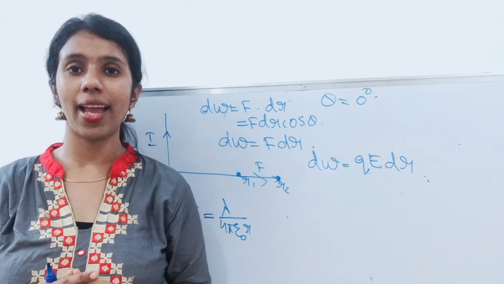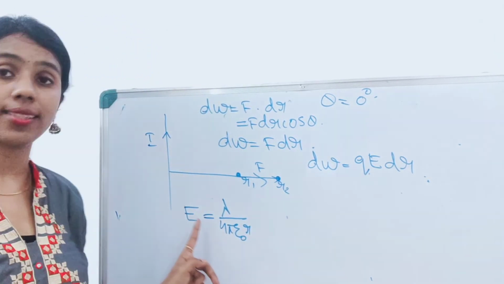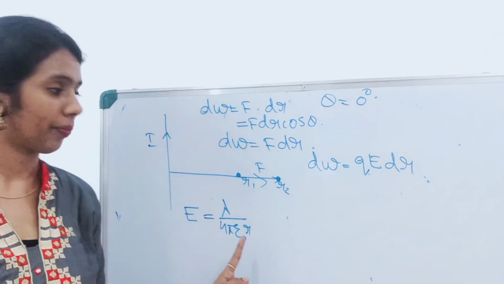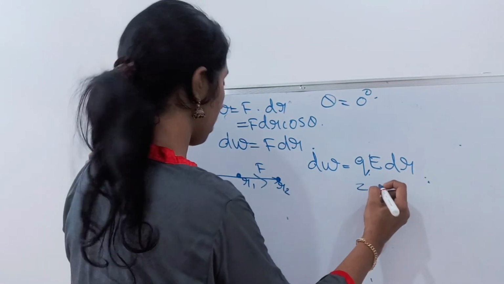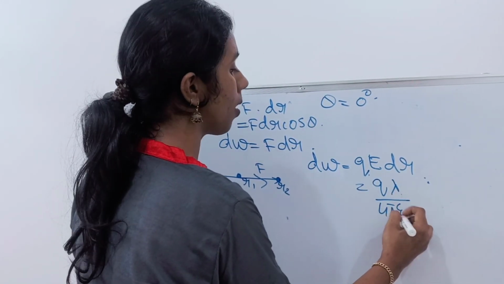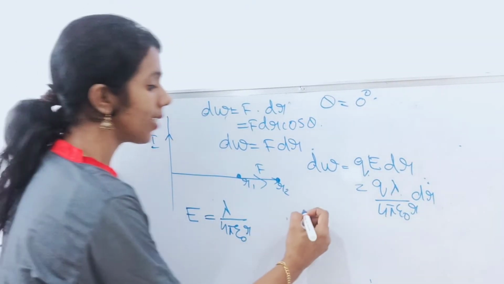According to Gauss theorem, the electric field due to an infinitely long straight charged conductor E is lambda divided by 2 pi epsilon 0 r. Substituting this value, the equation becomes dW equal to Q lambda by 4 pi epsilon 0 r dr. Now we will integrate both sides.